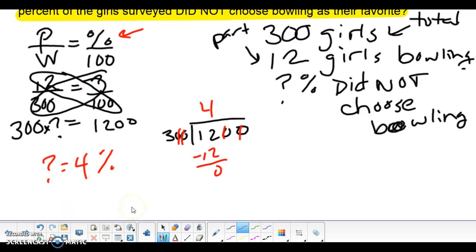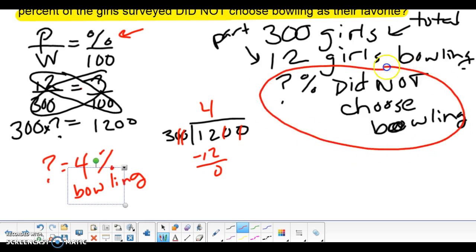But now I am not done. Because remember, these 12 girls chose bowling. So that means 4% chose bowling. The question's asking which ones did not. So remember, 300 right here is equal to 100, so 100% would be my total.